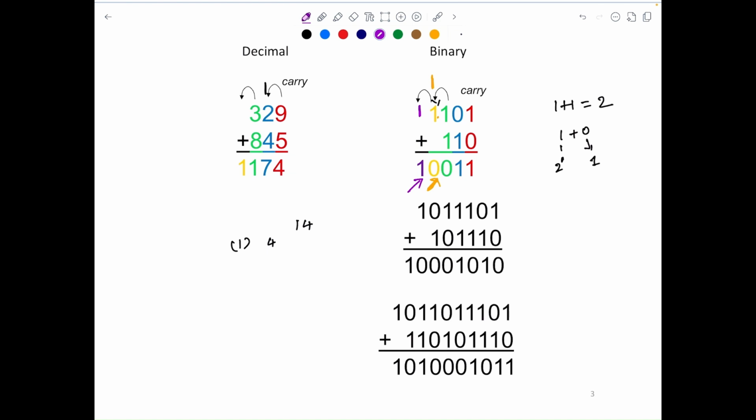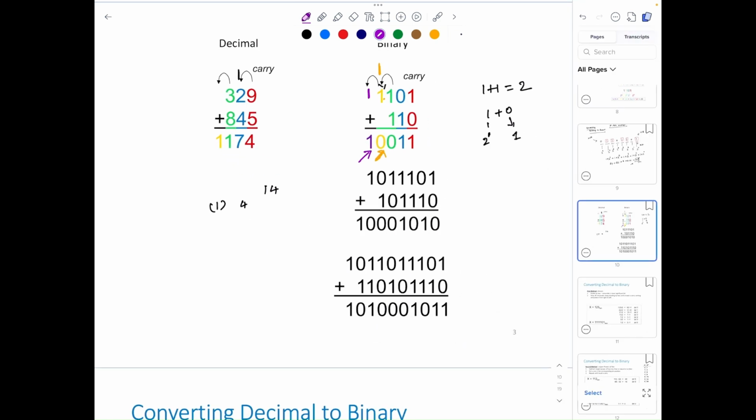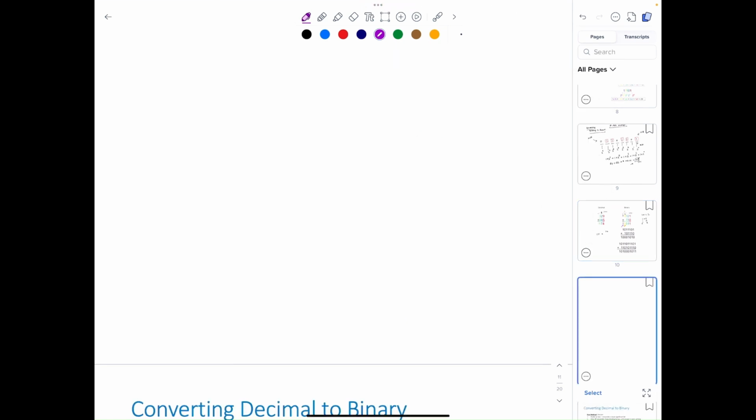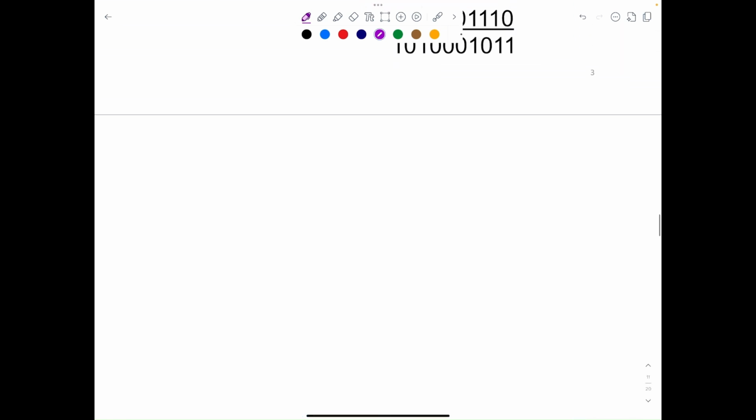All right, let's see another interesting and important concept. We saw how to convert a binary number into a decimal number. Now, computer systems don't care about decimal or binary and all those things.